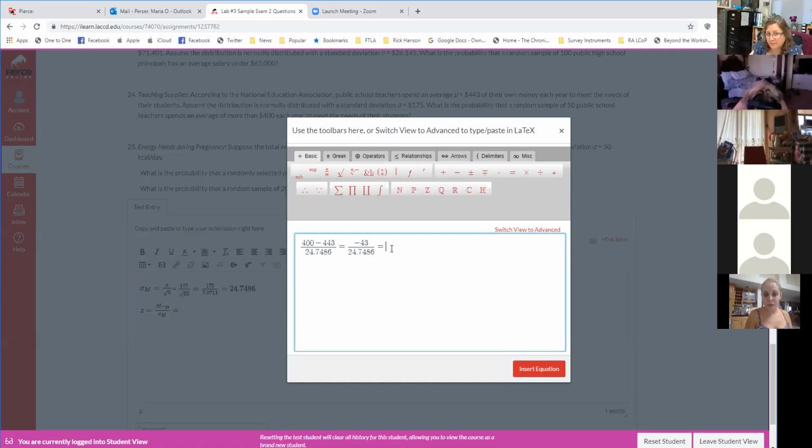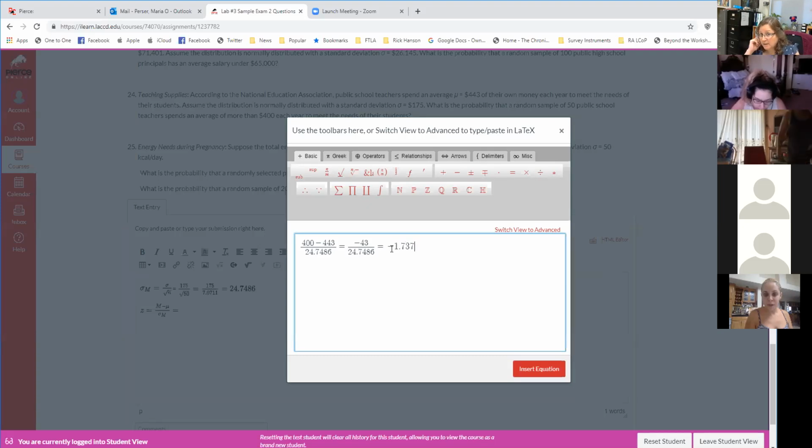And so this is equal to, don't forget the negative sign, the 43 divided by 24.7486, which gives us negative 1.737.